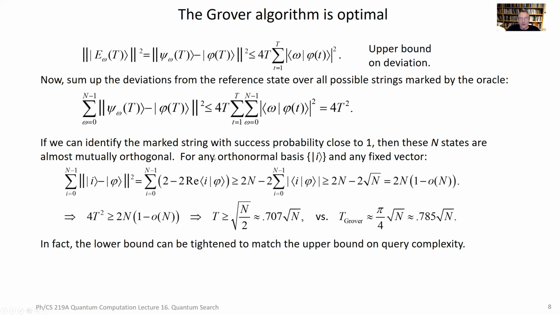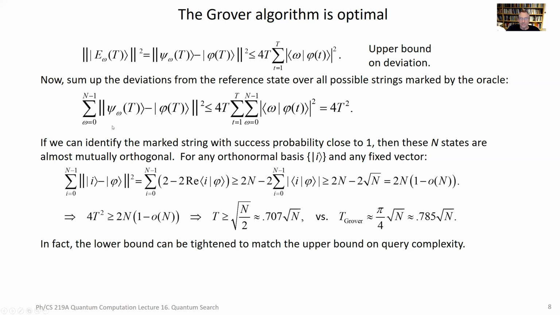So then I've just got 1 summed from little t equals 1 to capital T, that's just 1 occurring capital T times. So that sum is just capital T times 4t, so this is 4t squared. We have 4t squared as an upper bound on the sum of the deviation squared summed over all the possible marked states.